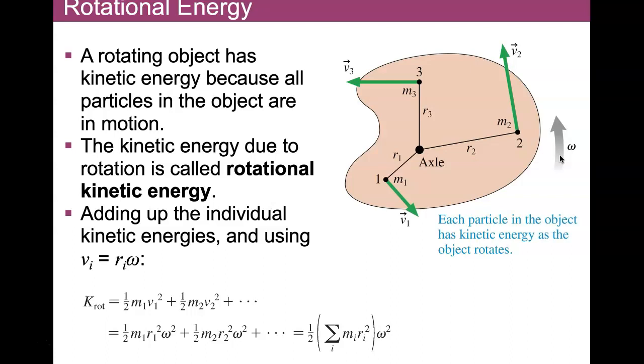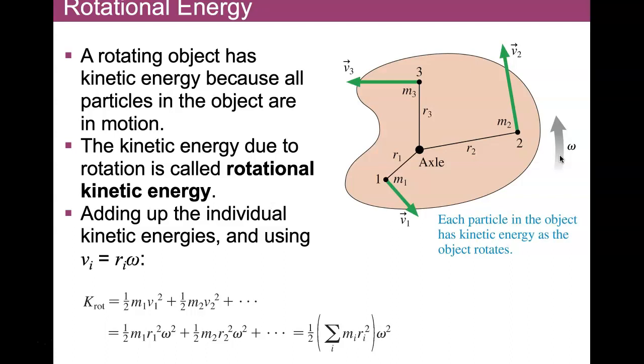Remember, if you have a rigid body, all the distances are the same between all points on this rigid object, all the changes in angle are the same, and therefore there is only one omega associated with this entire object. So every point on this object is rotating with the same angular velocity, omega.